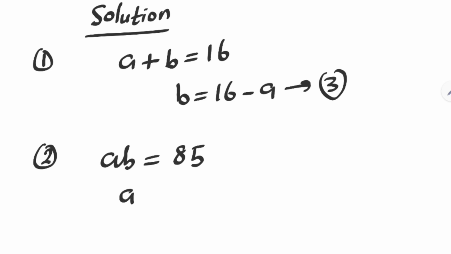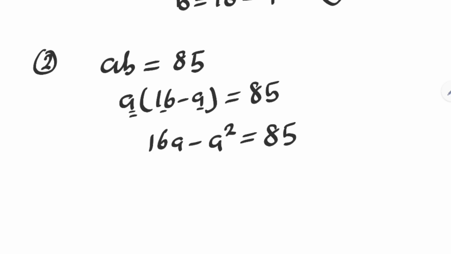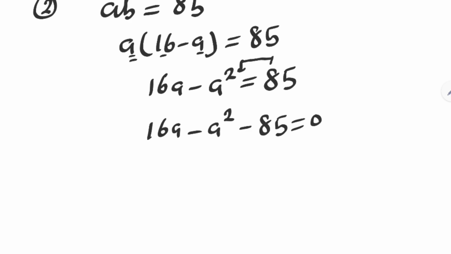Now we have A bracket 16 minus A is equal to 85. Now let us open the bracket with this A. A multiplied by 16 is 16A, minus A multiplied by A is A square, is equal to 85. 16A minus A square, if you bring this 85 to this side, it becomes minus 85 is equal to 0.